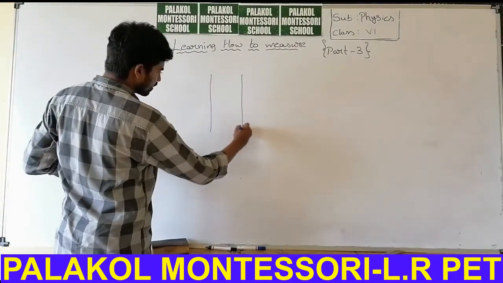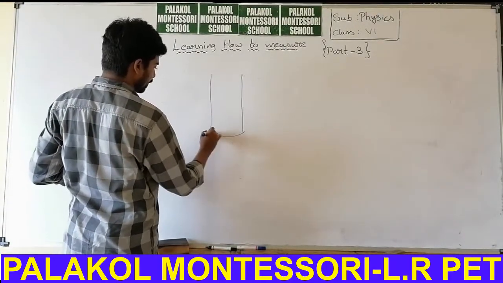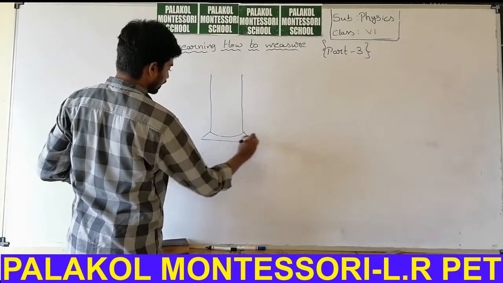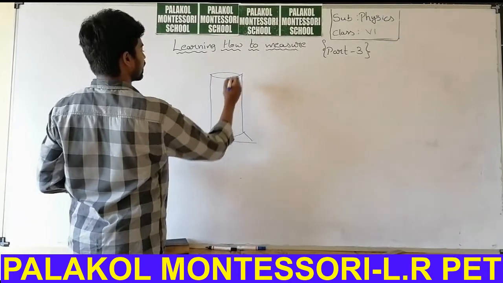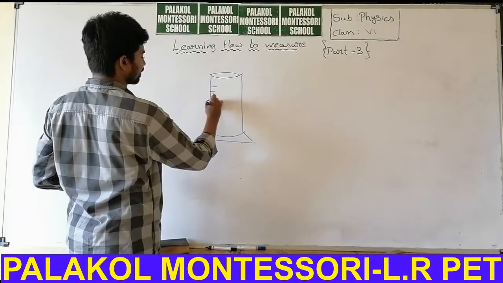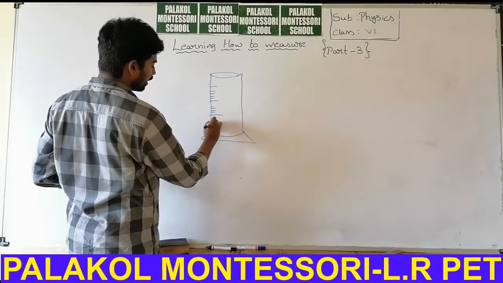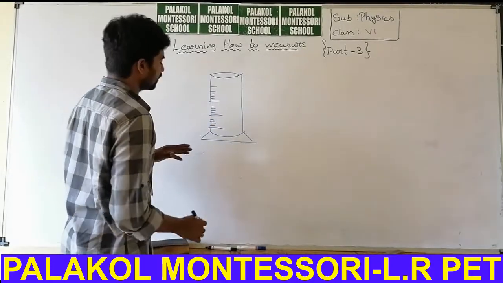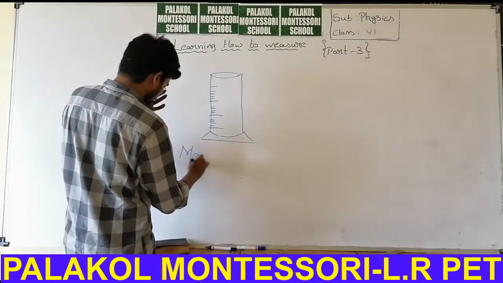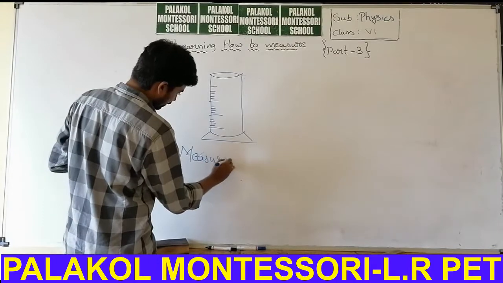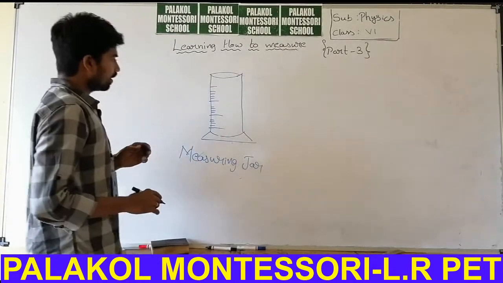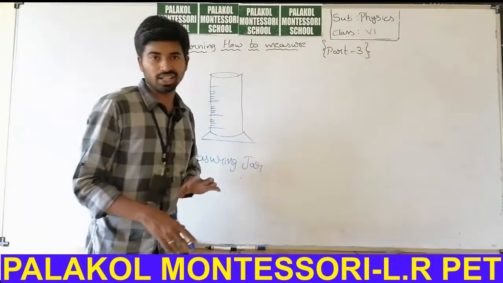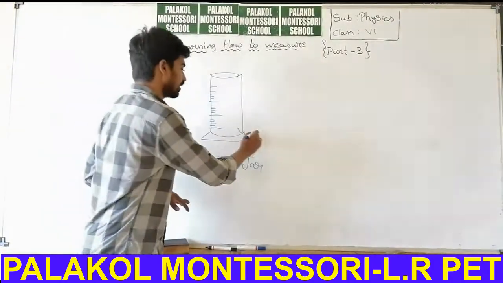A measuring jar is a cylindrical shaped container. Readings are mounted on the walls of the container. This is a measuring jar. It is a glass jar.